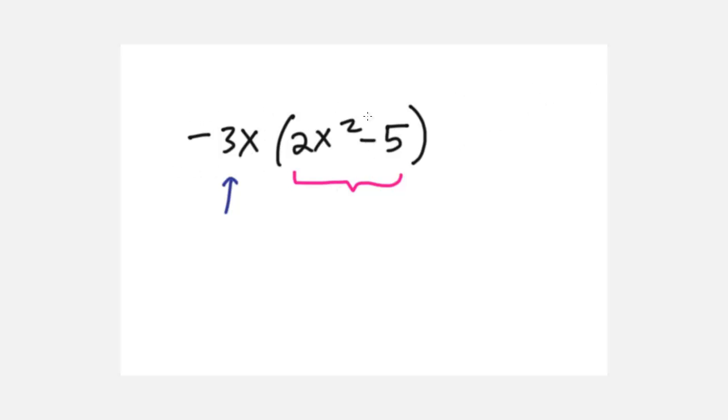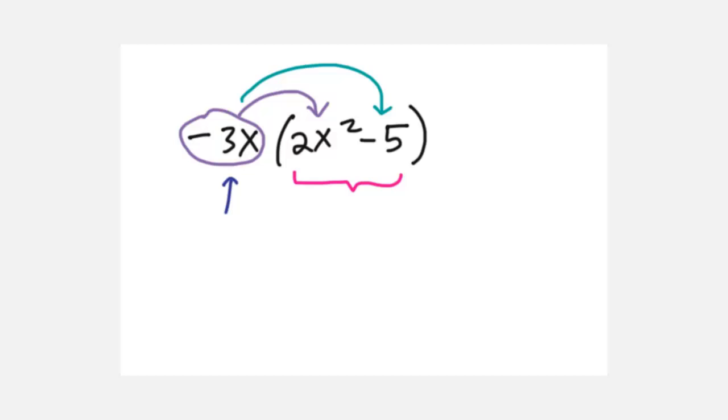So what we want to do here is use the distributive property. Take that negative 3x, that whole thing, and multiply that with the 2x squared, and then take that again and multiply that with the negative 5.